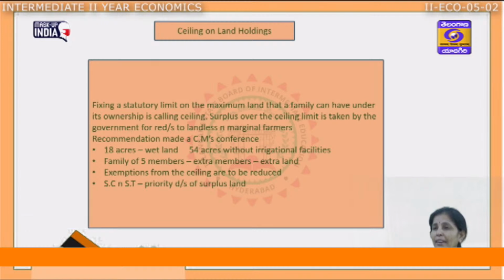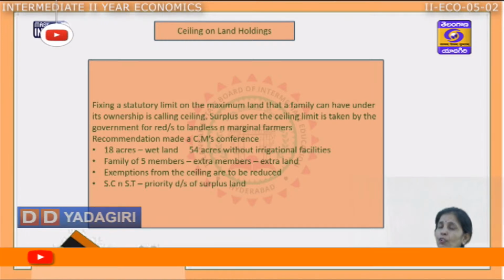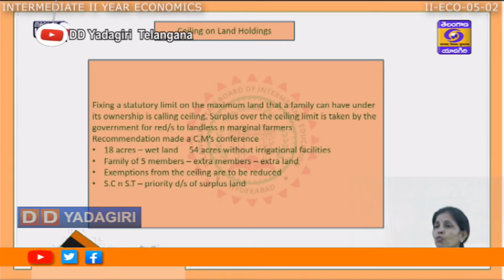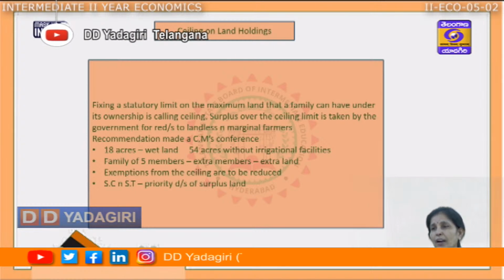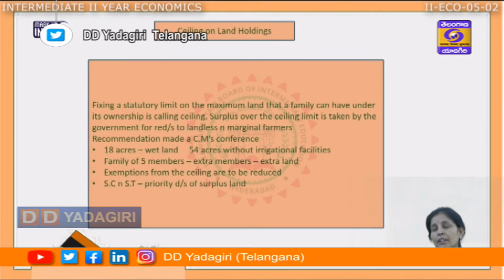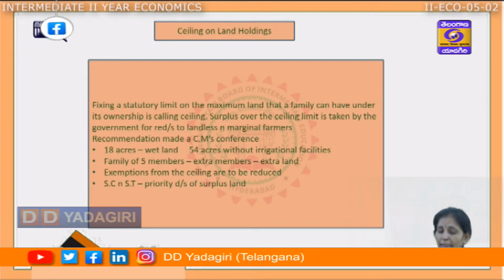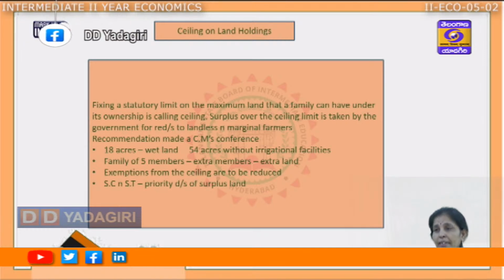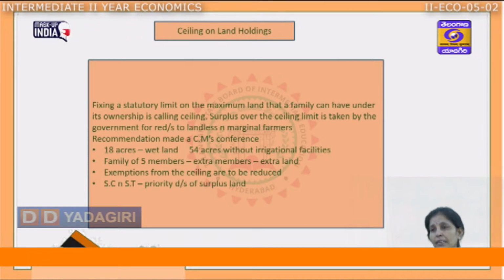And the ceiling limit is fixed for a family of 5 members. Every additional member in the family will be entitled to additional land. Likewise, any member of the family who is 18 years and above is again entitled to a separate ceiling.